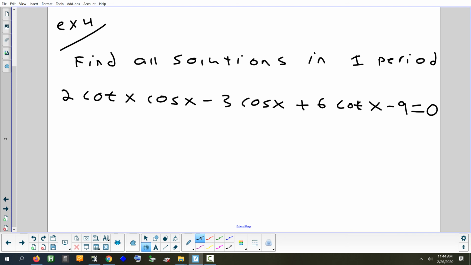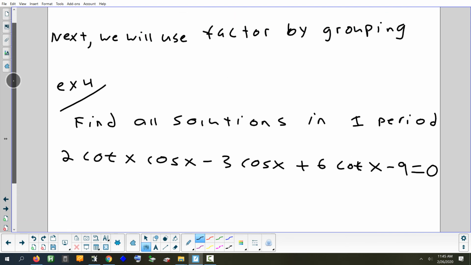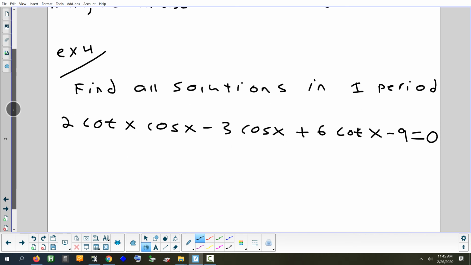So you can't use the quadratic formula. How do you think this problem is going to have to be solved? It's going to have to factor. It is going to factor in a special way called factor by grouping.